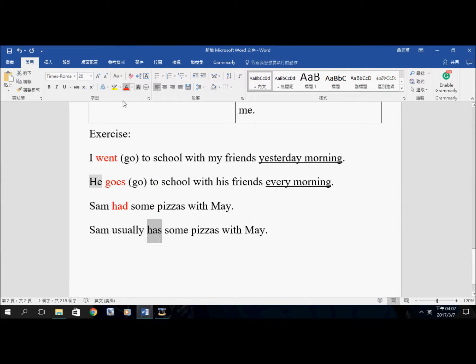Now has, a base verb with an s, we use with the third person singular noun or pronoun, which means the sentence is actually written in the present simple tense. And as you can see, the time marker is here and it says usually. It's what happens regularly. So this is a comparison between two tenses, different time markers and different forms of verbs.